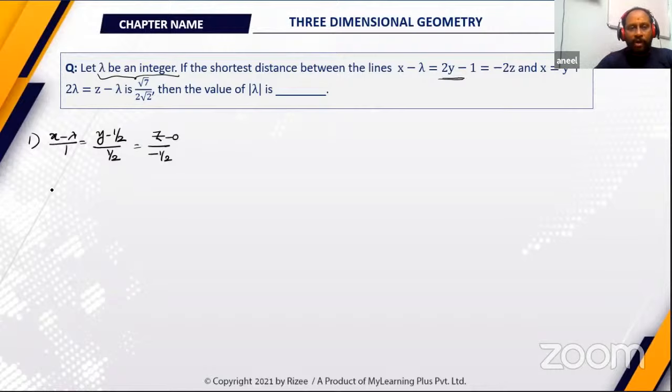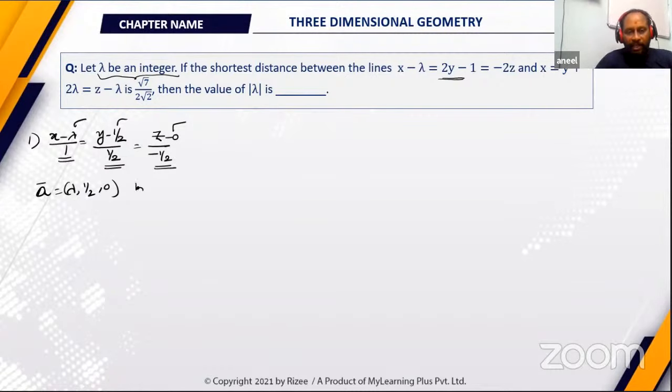This is in the form of a line passing through a point. The numerator values, lambda, half and 0, are the point through which it is passing. These are the DRs of the line. If you want, you can take 1, 1/2 and minus half. You can take the proportional values also.